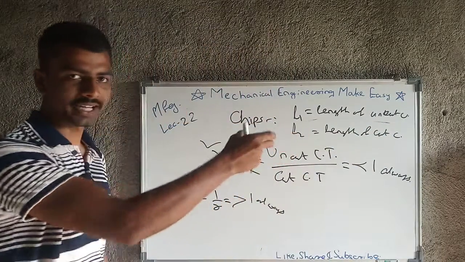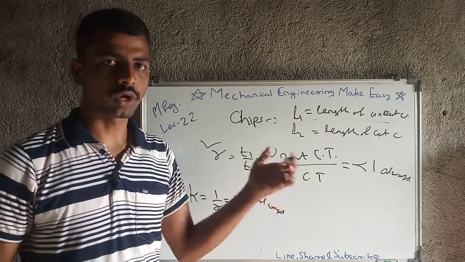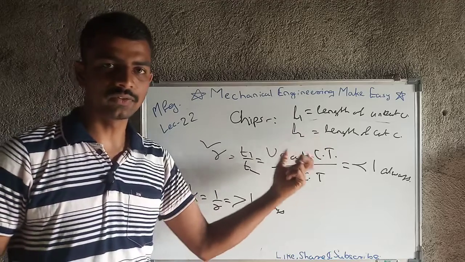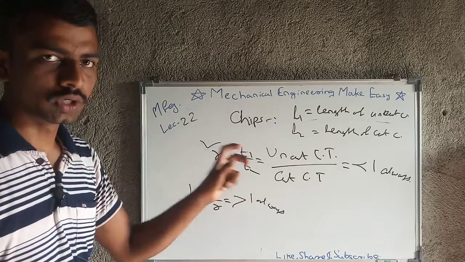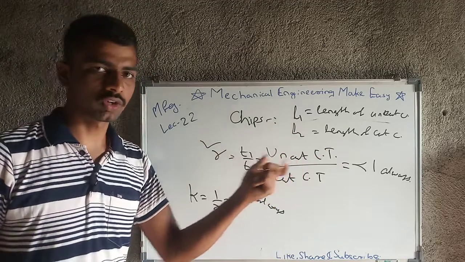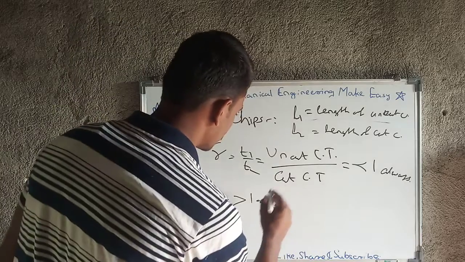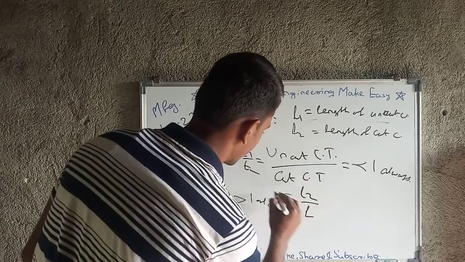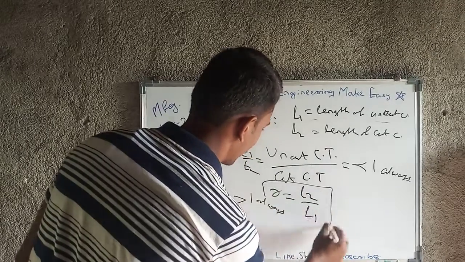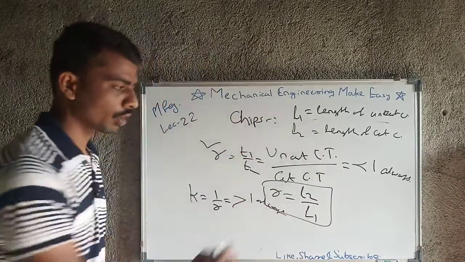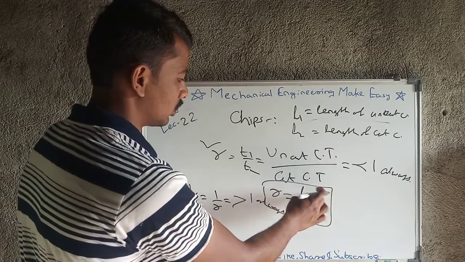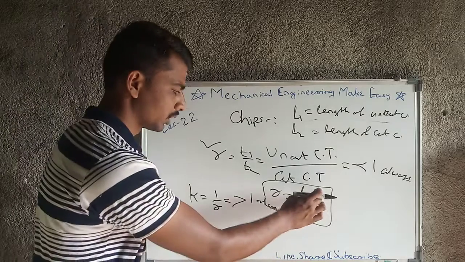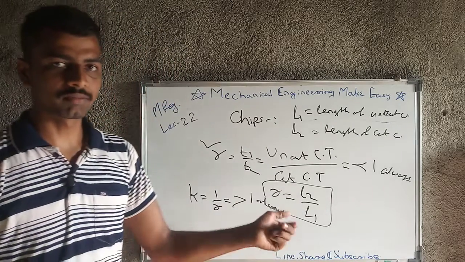If we consider that the volume of chip will be constant, then if the thickness increases, the length will decrease, to satisfy the condition of volume. So R will have another formula, that is nothing but L2 upon L1, that is, cut chip thickness upon uncut chip thickness, or cut chip length upon uncut chip length. This is nothing but R.